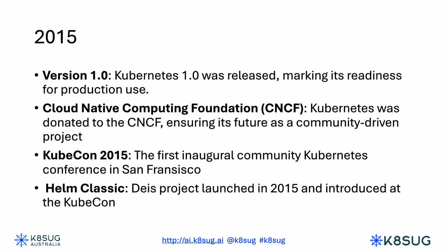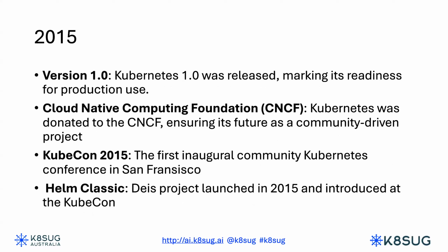And in 2015, Kubernetes 1.0 was released, marking its readiness for production use. Additionally, Kubernetes was donated to the Cloud Native Computing Foundation, CNCF, ensuring it could be community-driven and foster innovation.